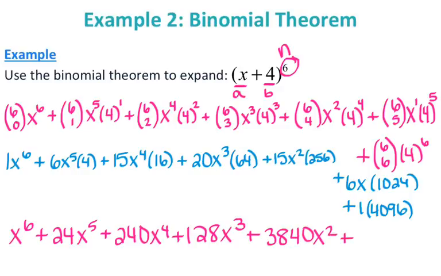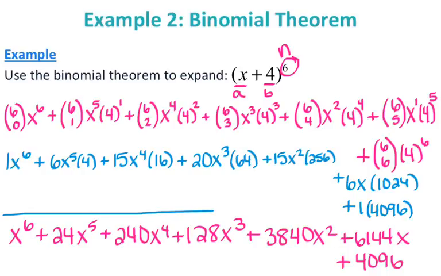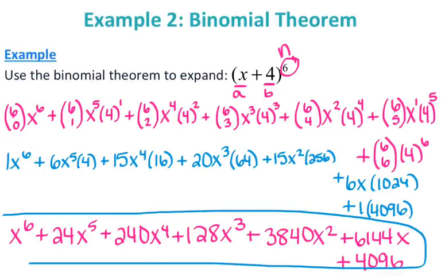You guys can hear my dogs barking, they're going a little crazy. Where was I? So 6 times 1024 is 6,144x plus 1 times, oh, I don't need a calculator for that. And this right here is your expansion.